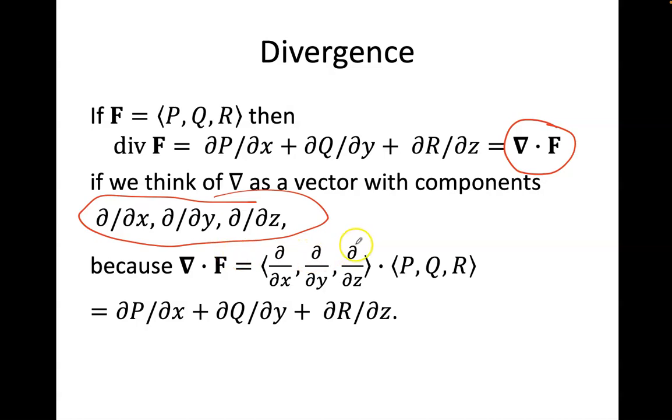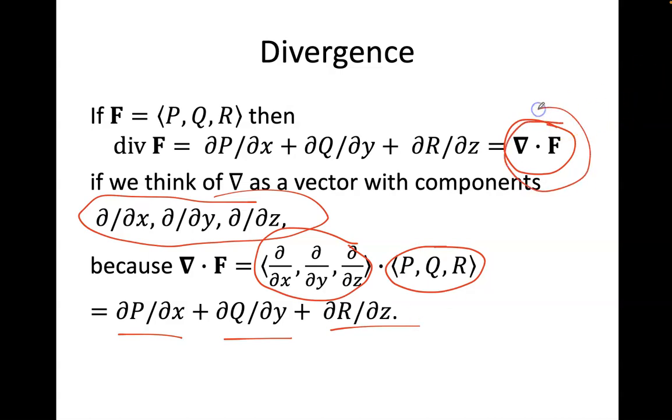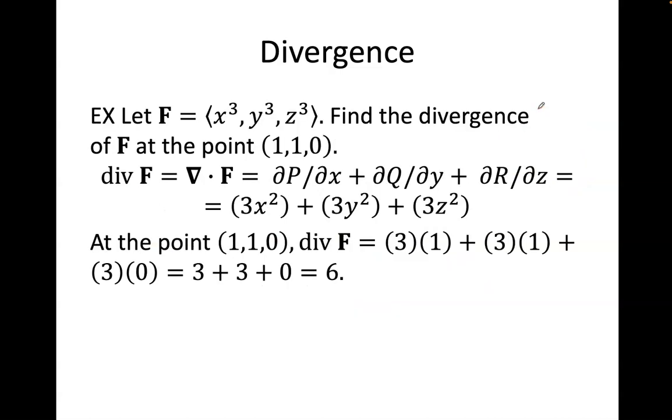Because then del dot F equals this. When you look at the dot product of those two, it gives you partial P partial X plus partial Q partial Y plus partial R partial Z. So this is a slick way to remember the formula for the divergence of F.